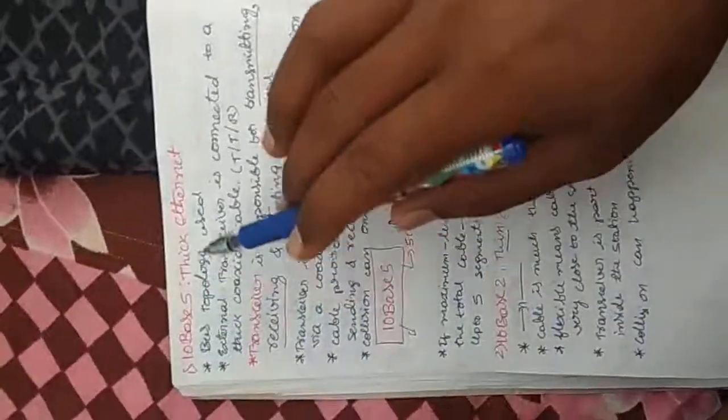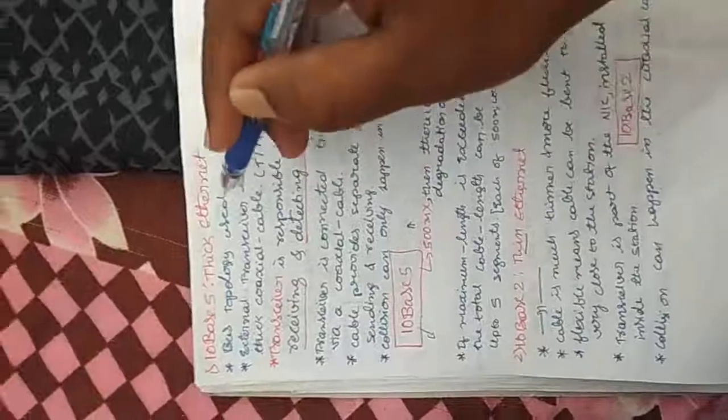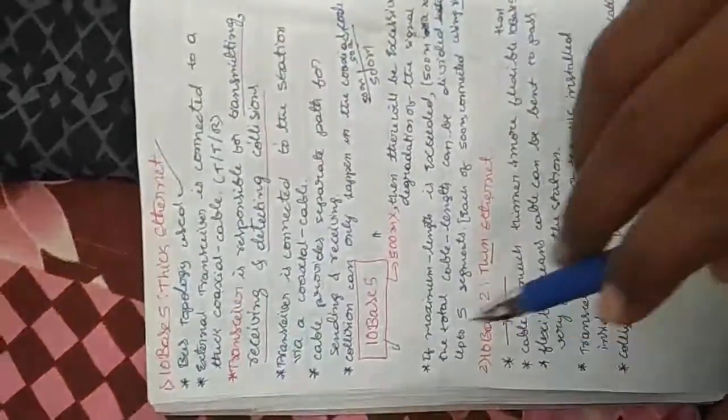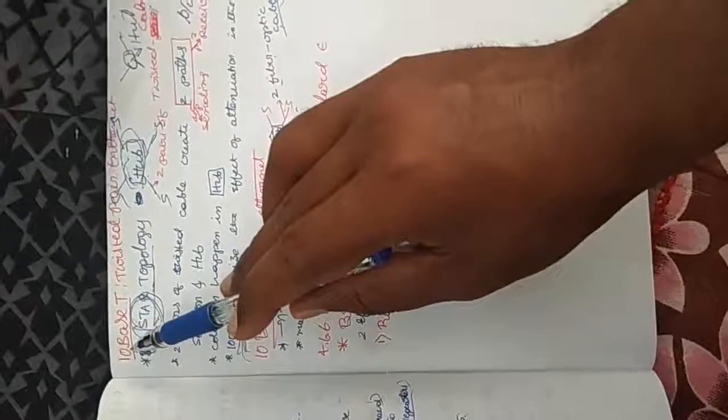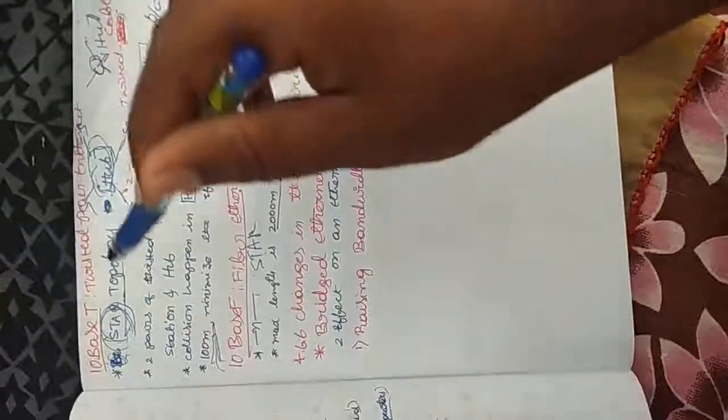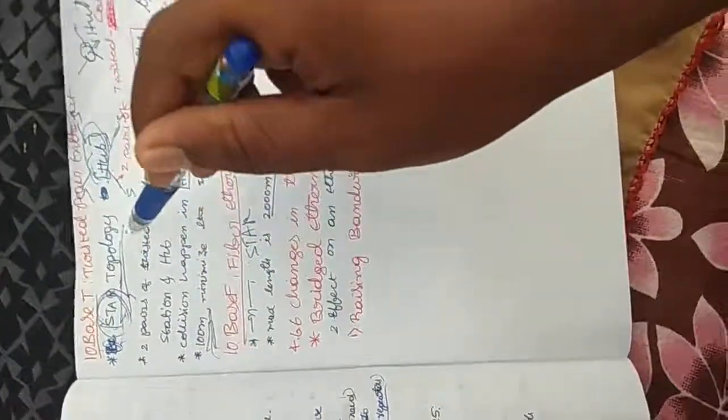This is the end of the implementation. There are four types. First one is thick Ethernet, where we are going to use bus topology. And 10Base-2 thin Ethernet, where we also use bus topology. Next is 10Base-T. Here we are going to use star topology, not bus topology.